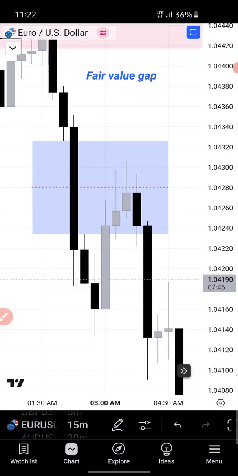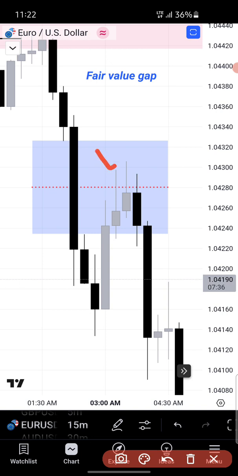So we had the first, the second, and the third. Now, if you watch carefully, a swing high was also formed right here, the very highest one and the low one here. So this is a swing high. We don't expect price to take this high again, and the bodies are already telling us the narrative in this fair value gap.